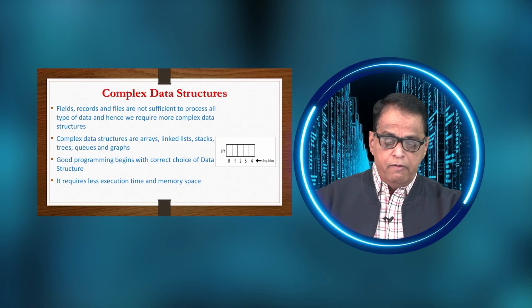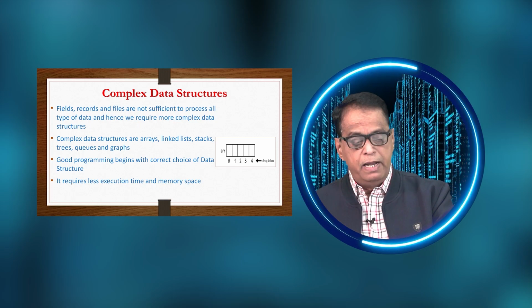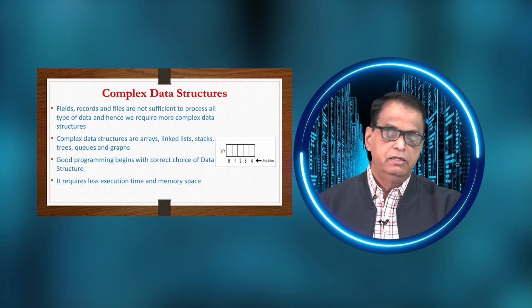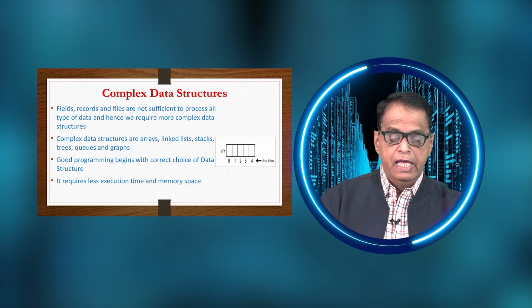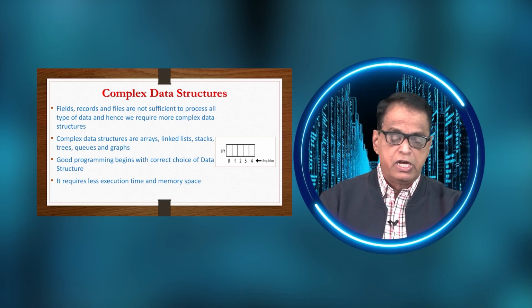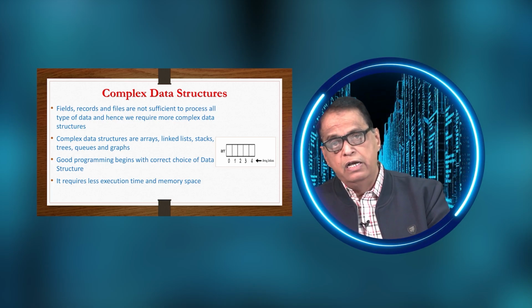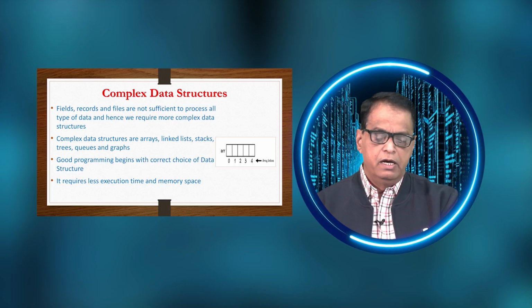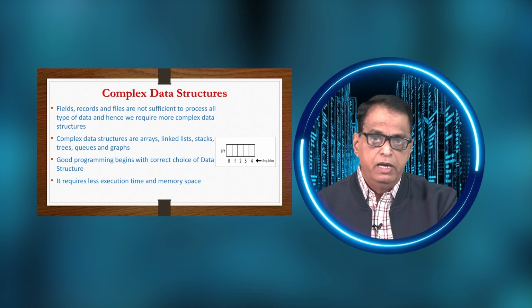Therefore we require some more complex data structures, such as arrays and trees. Many structures are there which we need to make use of. These data structures we will discuss in our later sessions. Friends, this was the first introductory session, and in the later sessions we will deal with more complex data structures.